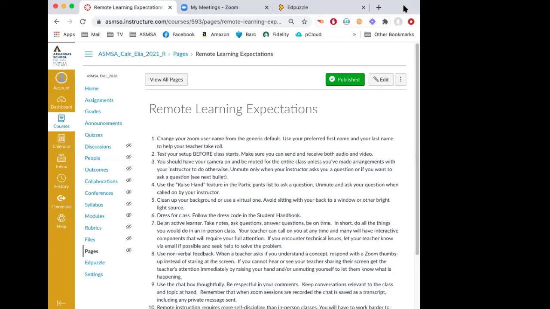Make sure you have your cameras turned on and you're muted when you enter the classroom, and you can unmute yourself anytime that you want to ask questions, or you can also use the raise the hand feature.